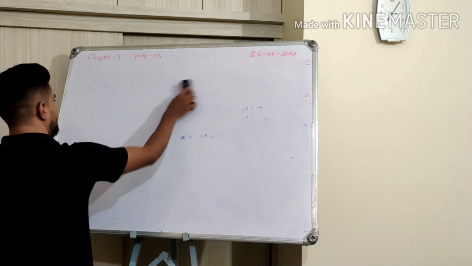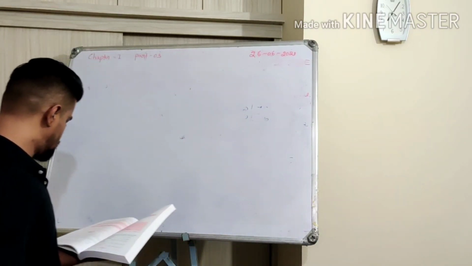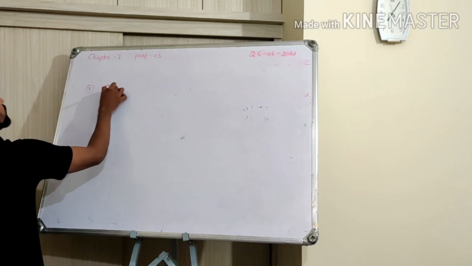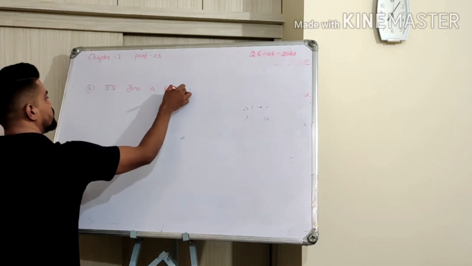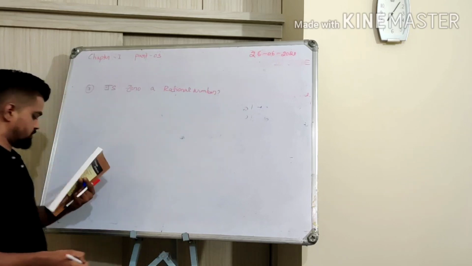The first question says this. Question number 1 says, is 0 a rational number? That is the question.